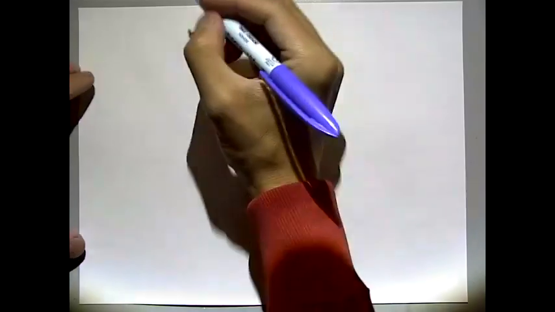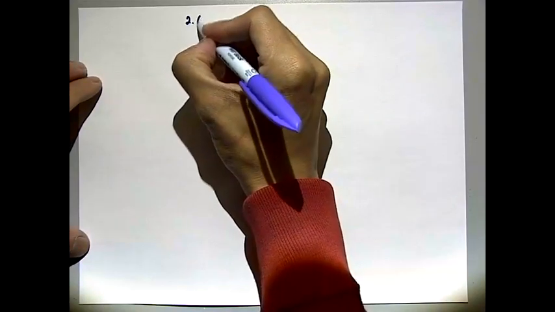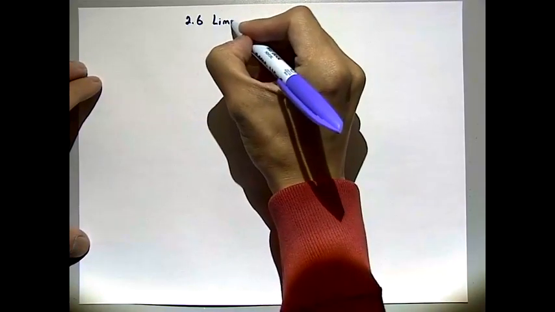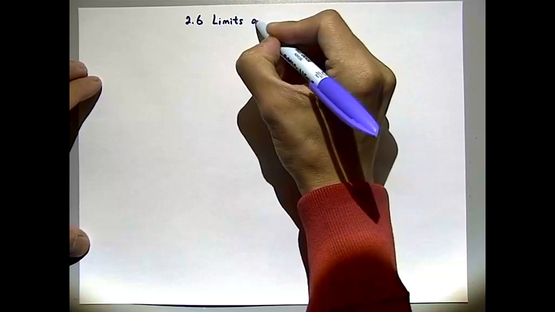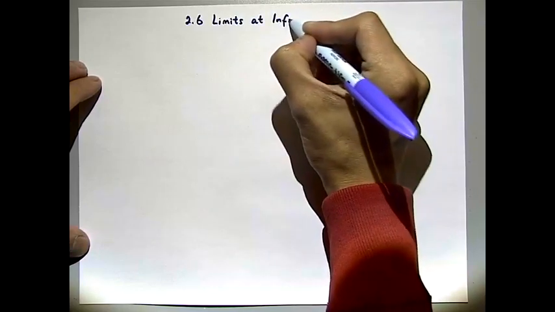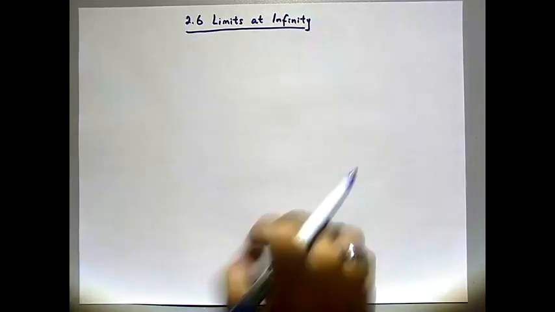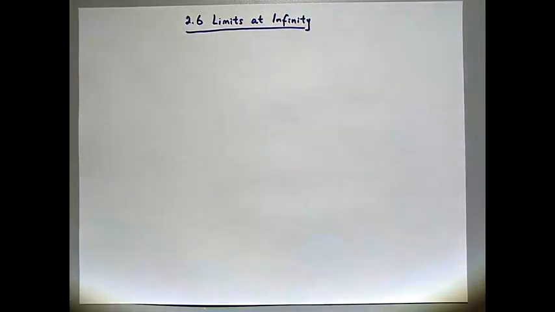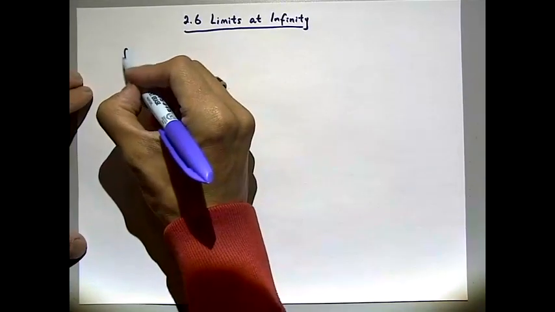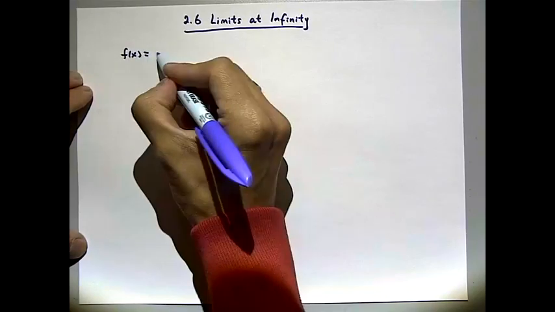All right, so today we're going to be looking at section 2.6 on limits at infinity. Let's start with a very simple function, f of x is equal to 1 over x.